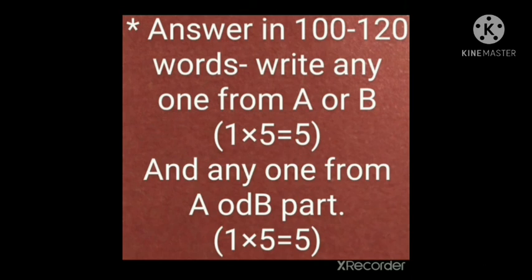There you can see question A and B, and write only one, either A or B. Then the second question contains A and B, and there you have to write question A or question B, from Moments. First question from Beehive, write only one, and in the second section you can see two questions, there also you write only one, from Moments.